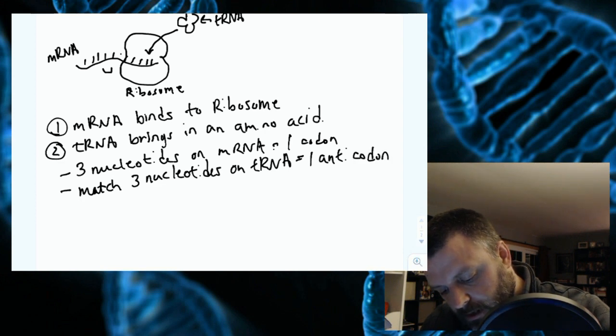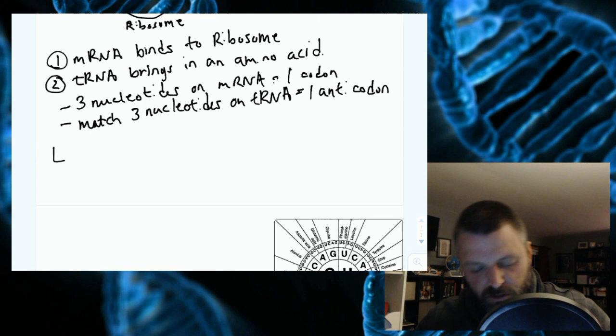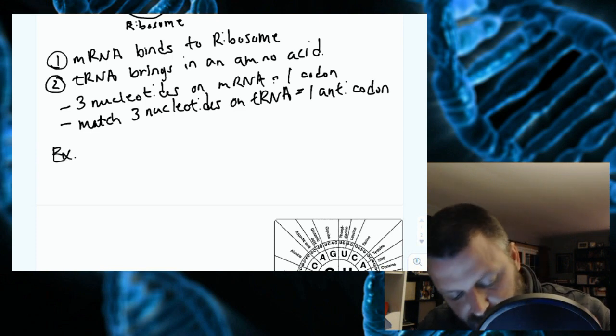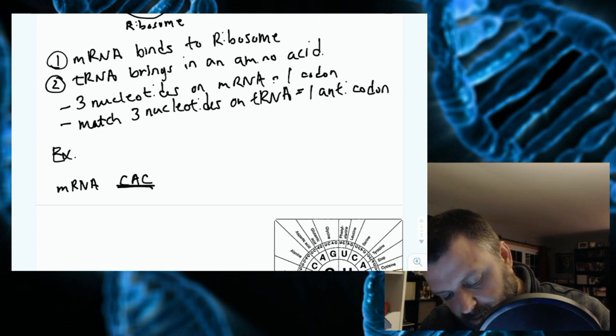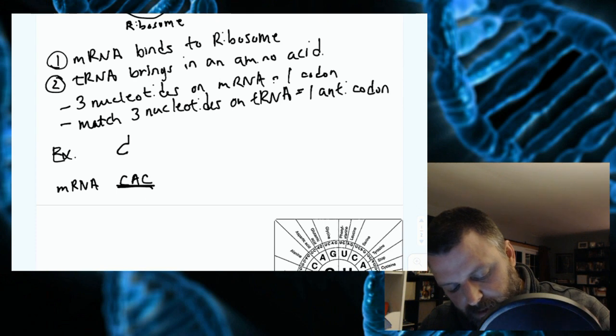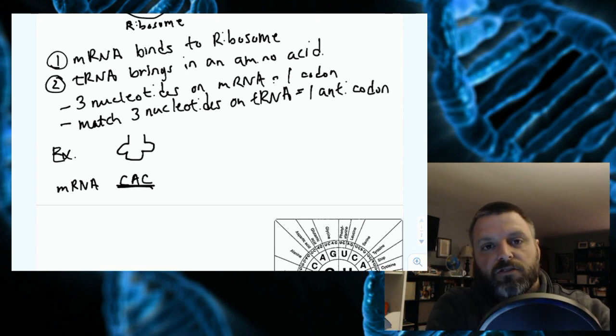So, for example, here's my mRNA. My mRNA here has a codon of CAC. Those are 3 bases. Okay. What's going to happen is my tRNA is going to match up to that CAC using complementary base pair rules.